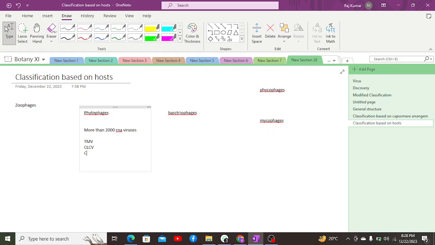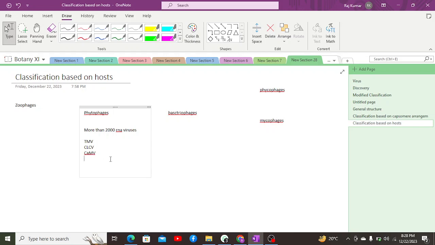CAMV, cauliflower mosaic virus, and CLCV, cotton leaf curl virus, are the two viruses which are DNA viruses. Both of these are single-stranded DNA viruses.